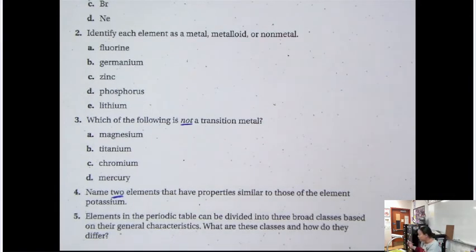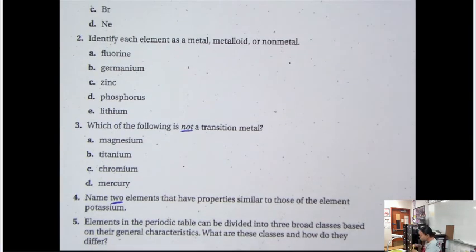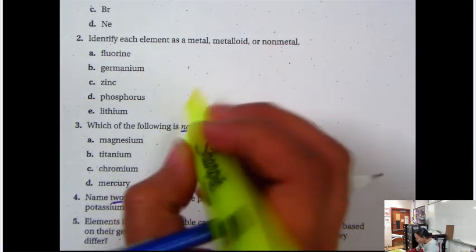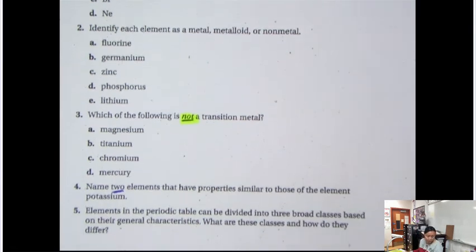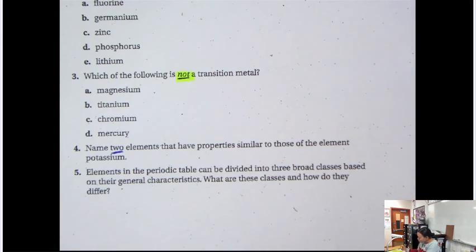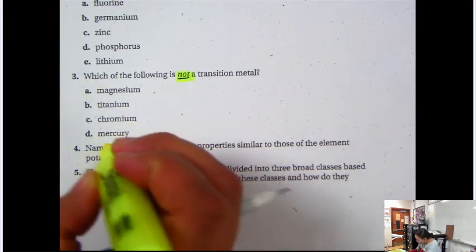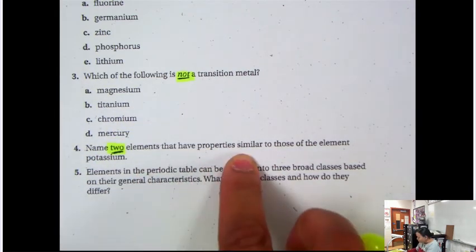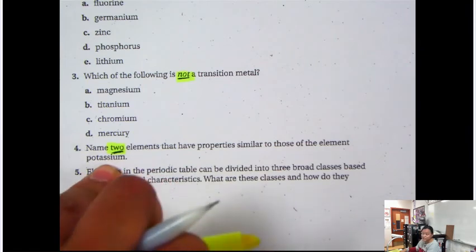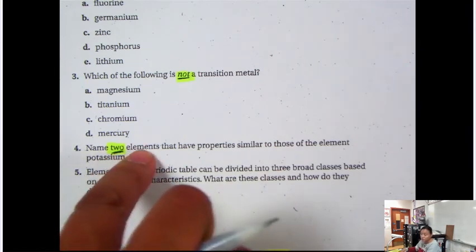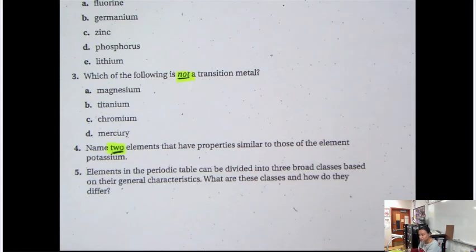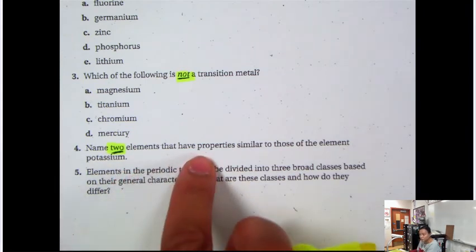So again, looking at what you colored on your periodic table, you're looking for, out of this list, the one that is not a transition metal. Okay, number 4 says name, make sure you do 2. It says name two elements that have properties similar to those of the element potassium. Okay, so find potassium and then let's name 2 elements, any 2 elements that have similar properties to that.